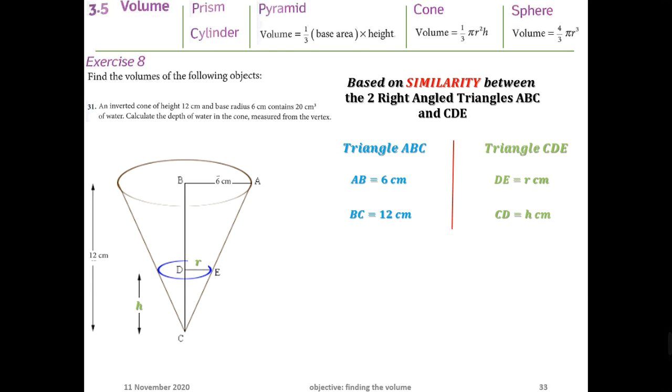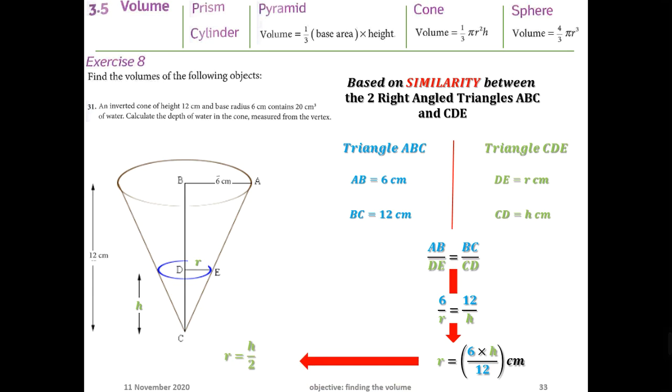So basically it's going to be 6 over R is equal to 12 over H. And if you cross multiply, since they're asking for the depth of water, R is going to be equal to, so R is multiplied by 12, the 12 is going to go down as the denominator, and the other two, the number and the letter H, are going to go up multiplied by each other.